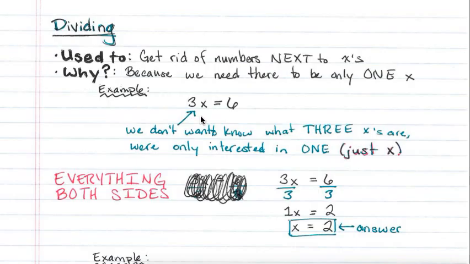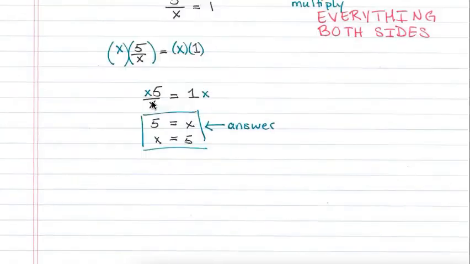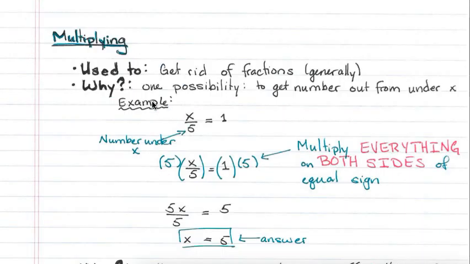So how we do that is we divide. Now, again, the dividing rule is, just like the multiplying rule, basically. When we do it, we have to do everything on both sides.